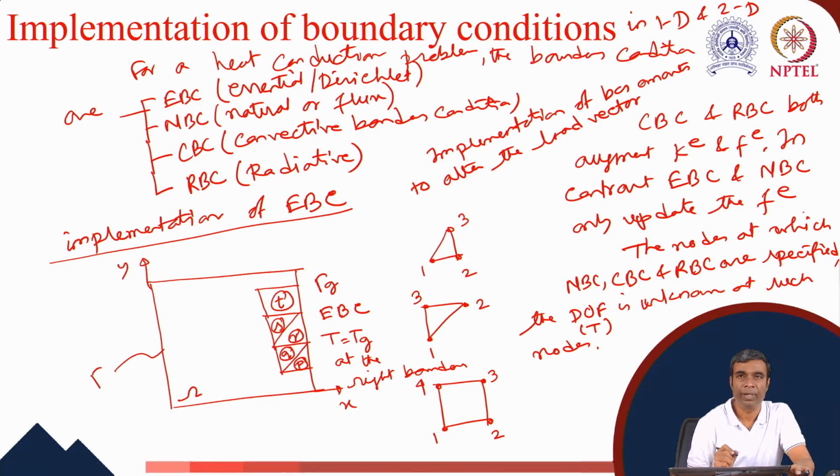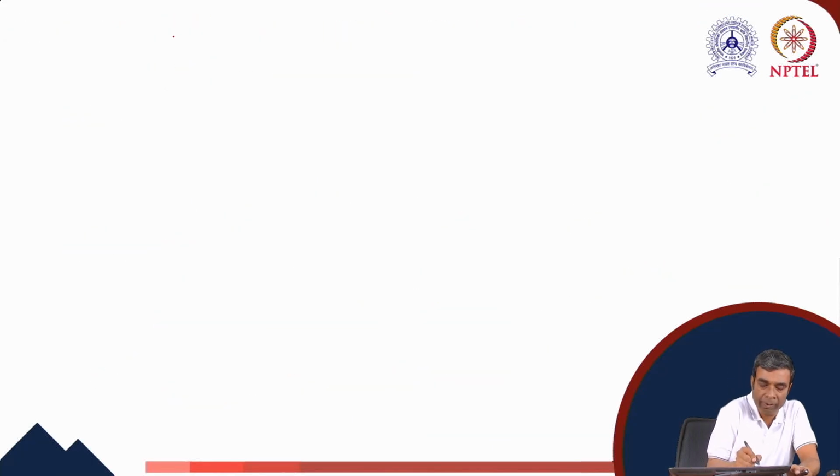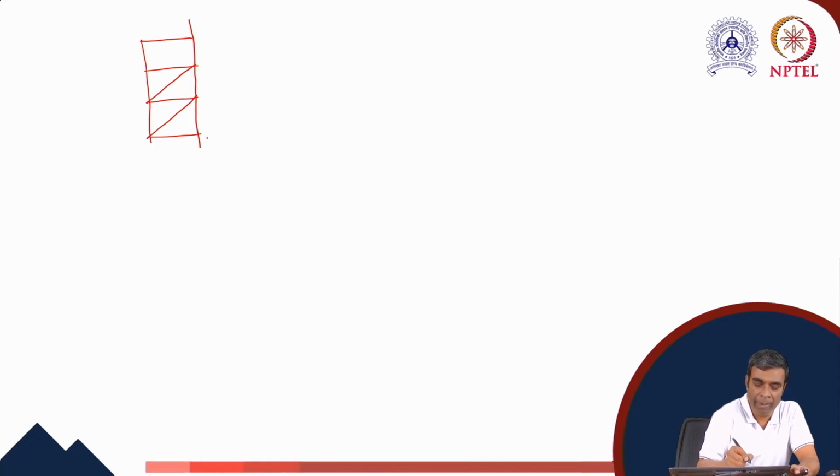Okay. So now let us redraw this picture here. So at the right boundary, we have triangular elements and one quadrilateral element. So here our temperature is given as Tg, Tg, Tg, Tg at the boundary. So this is gamma g, the right boundary.